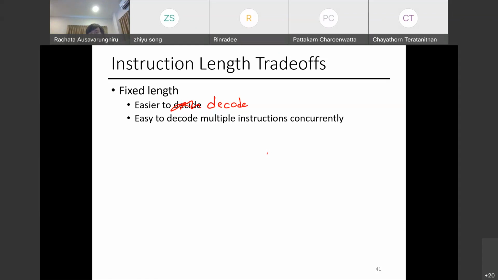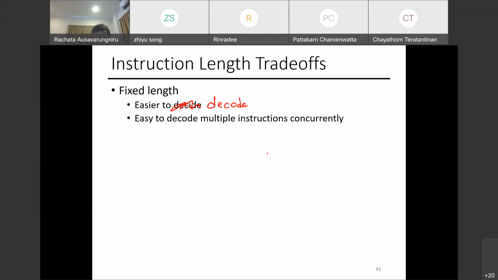If the first instruction is at address 0, where will be my second instruction? 16, right? At address 16, that's the second line. At address 32, that would be the third instruction. At address 48, that would be the fourth instruction, so I can go grab them all and run them in parallel. So that's a benefit of fixed length instructions.